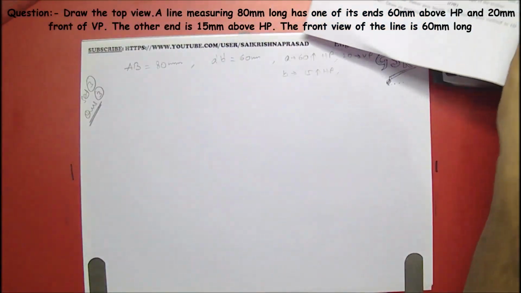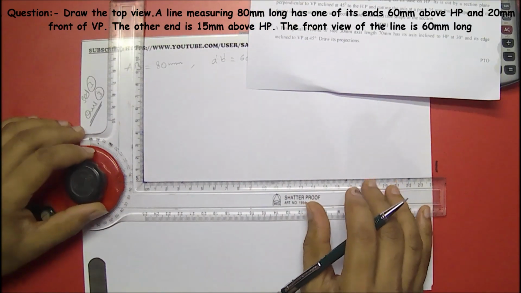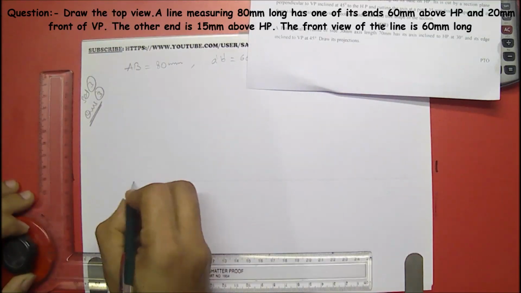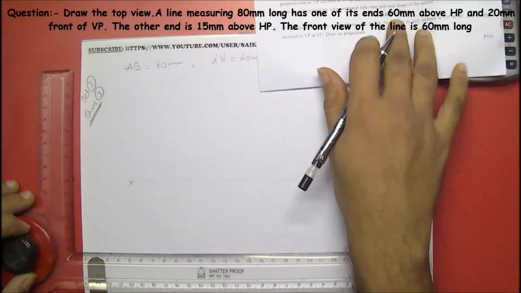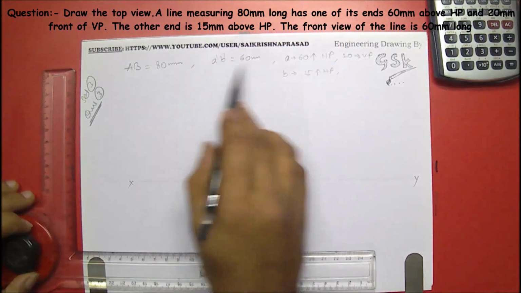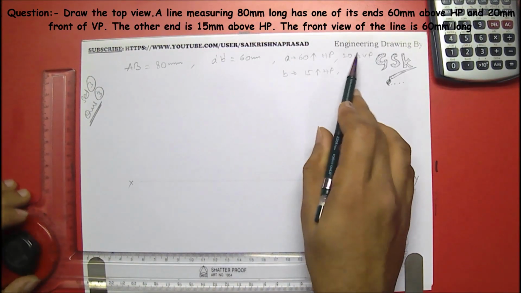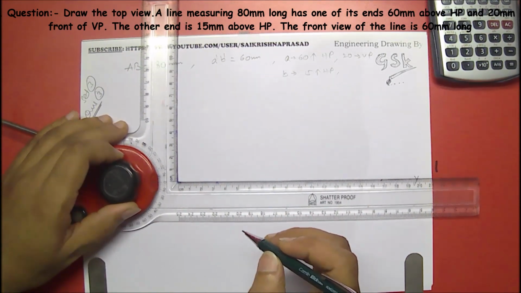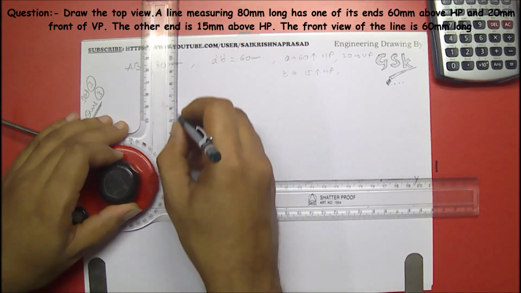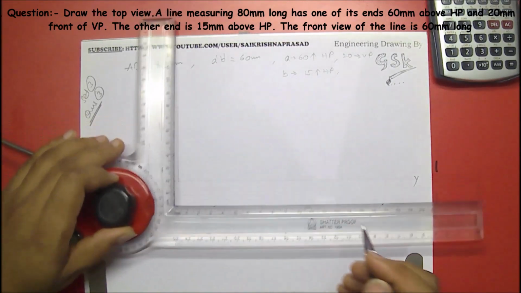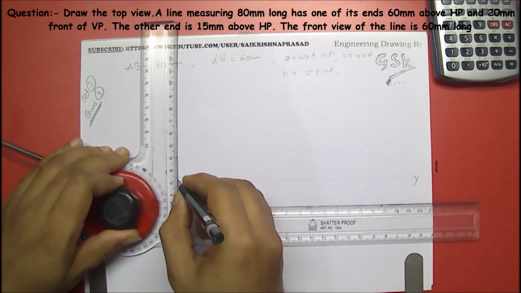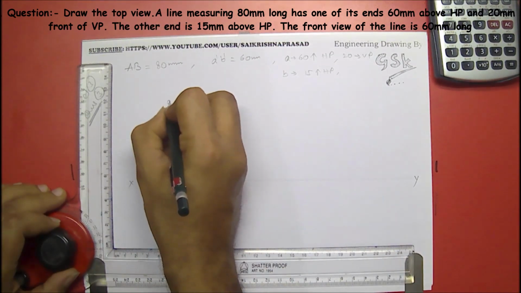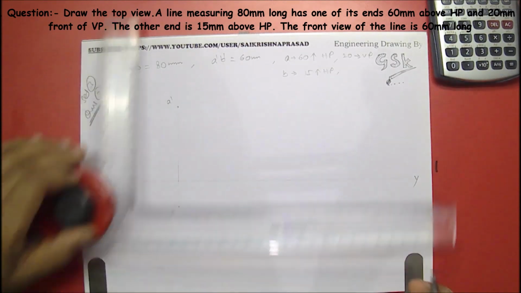For this, let me draw the reference line over here. Now the point is given that A is 60 mm above and 20 mm in front of VP. So let's start the problem over here. The distance is 60 and 20. So I'll be fixing one of the points, A dash and A, over here.